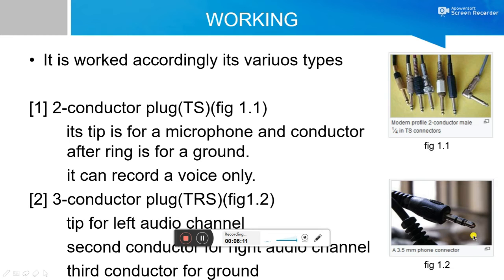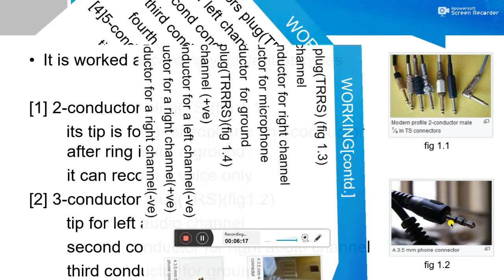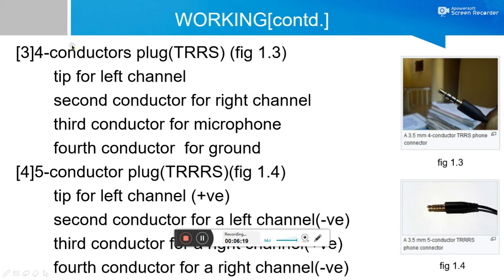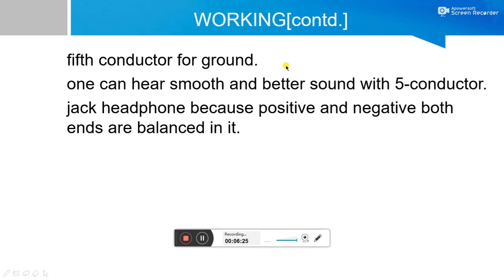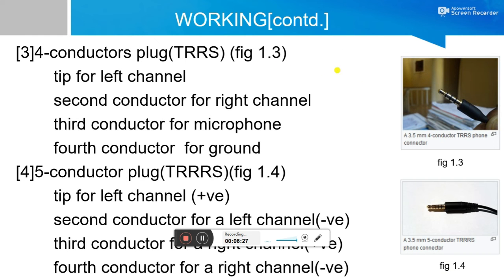There is a tip for the left audio channel, the second conductor is for the right audio channel, and the third conductor is for ground. Then there is another type, the four conductor plug, which is widely known as TRRS, shown in figure 1.3.